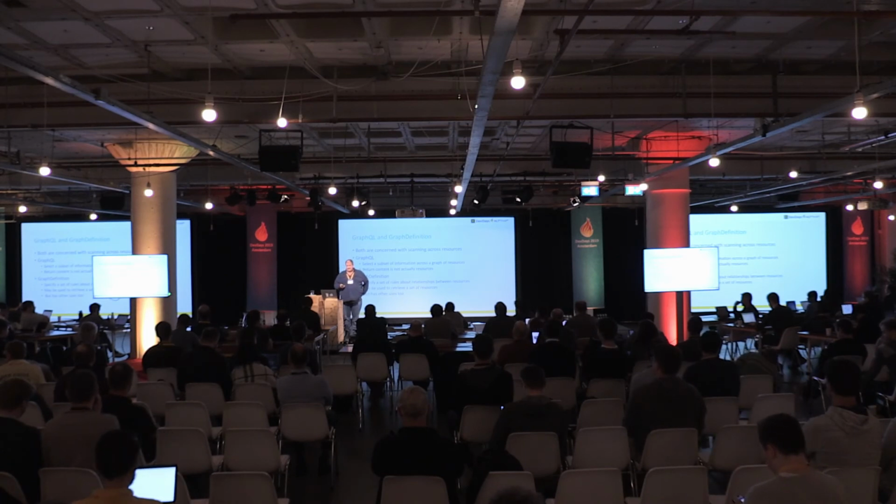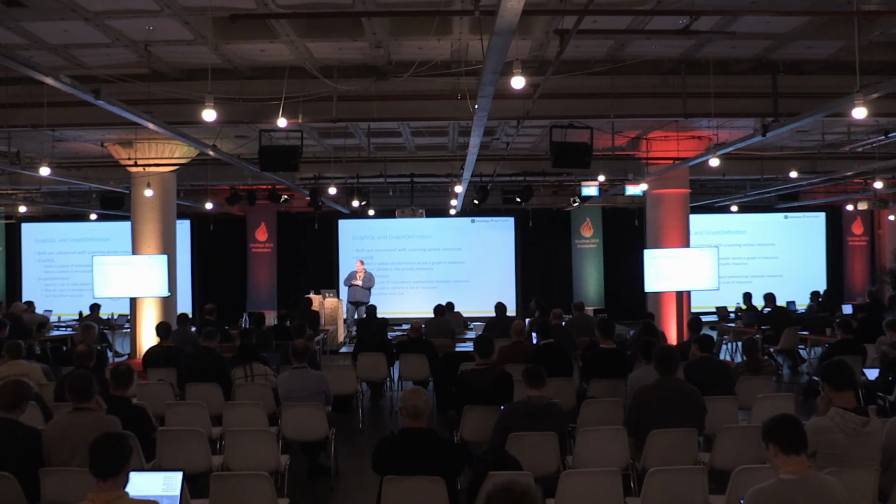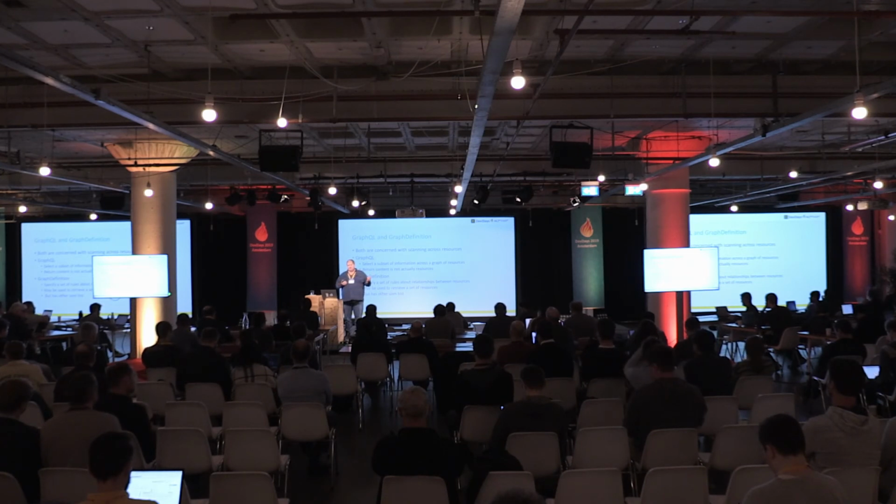GraphQL selects a subset of information from across the resources, and what is returned is not actually FHIR resources, it's just a JSON view on a set of FHIR resources. GraphDefinition allows you to specify a set of rules about the relationship between those resources, and you can use it to retrieve the set of resources, but you'll get back a bundle with all of the resources in the bundle, and it has other uses as well.